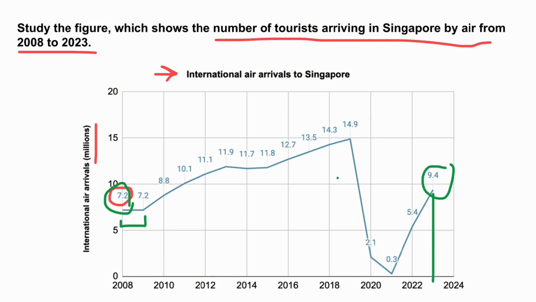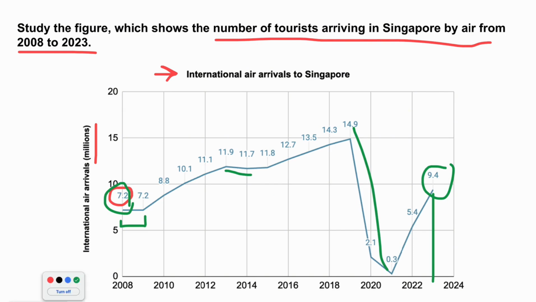Some students may want to talk about 14.9 dropped all the way to 0.3. To them, that is significant and that is okay. Some students may want to focus on a more gradual decline from 2013 to 2014. That's also okay. Whatever significant trend you're going to talk about, make sure that it's in a smaller time period compared to the overall time period of the graph.